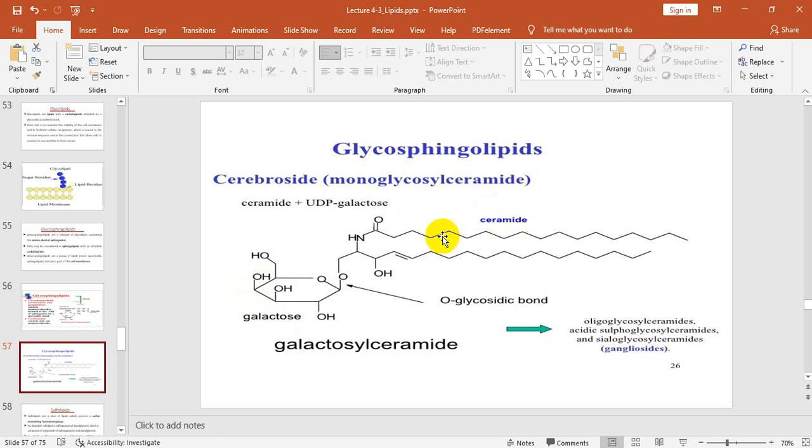We have the ceramide, so this is what glucose is joining to, and these are the two fatty acid chains, one unsaturated, one saturated. Then we have the sphingosine. So galactoceramide or oligoglycosyl ceramides, forming an acidic sphingoglycosyl ceramide. We have different types.